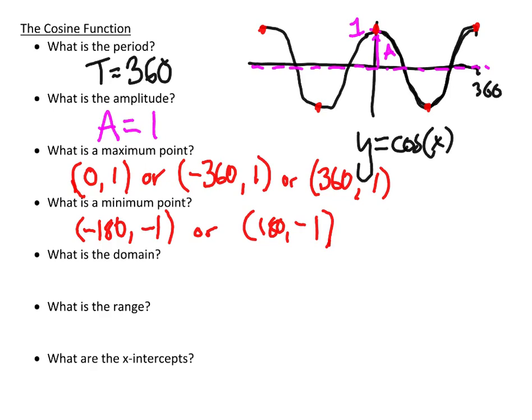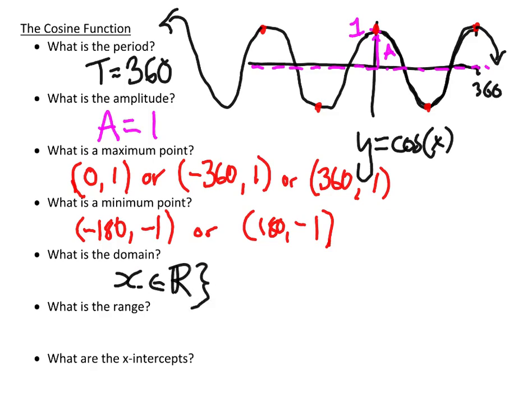And the domain is very much like the sine function, right? This will keep on going forever and ever. So that means that x is an element of all real numbers. And for the range, y is also an element of all real numbers, but y is trapped in between negative 1 down here and positive 1 up here. So the same restriction applies as it did for sine of x.